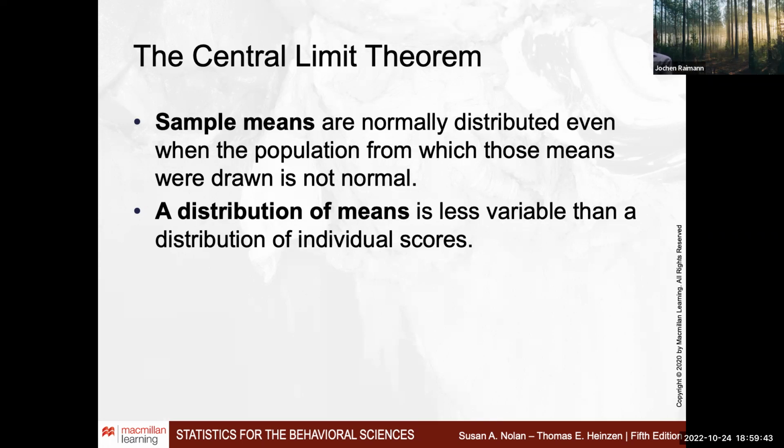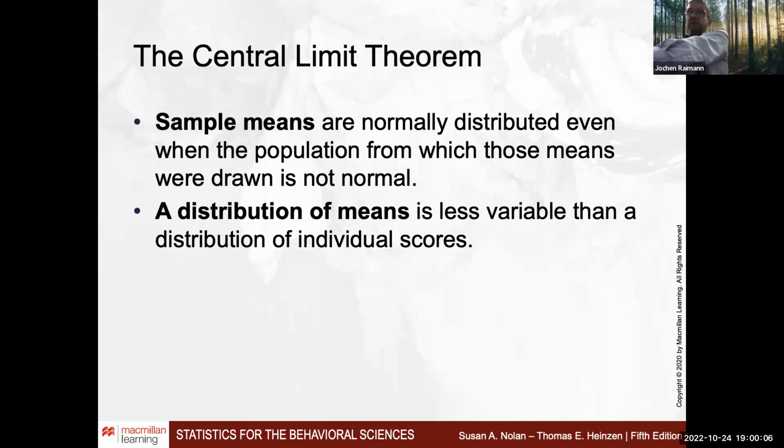If you draw this an infinite number of times, you basically get an estimate of the variability of these means that you have drawn. And this variability of these means is related to the standard deviation that you have in your population.